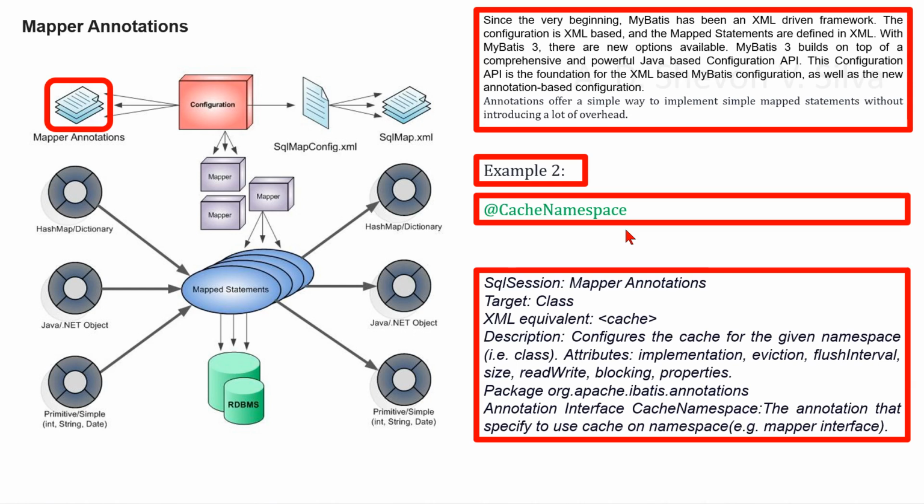This is in the package org.apache.ibatis.annotations. The target is a class and the XML equivalent is cache. It configures the cache for a given namespace, that is class, with attributes: implementation, eviction, flush interval, size, read write, blocking, and properties.